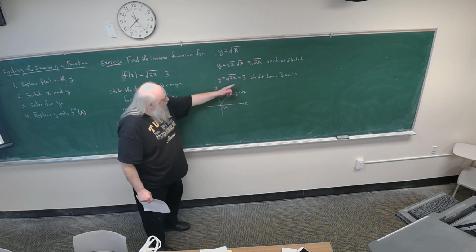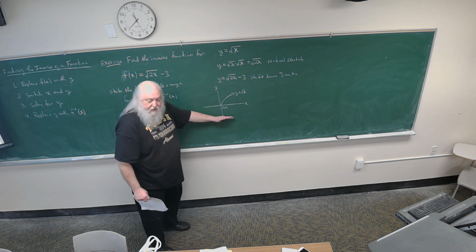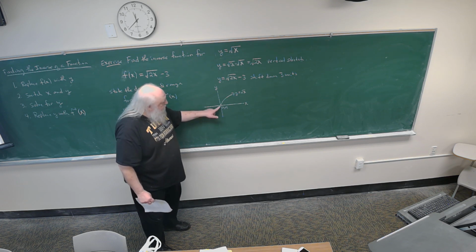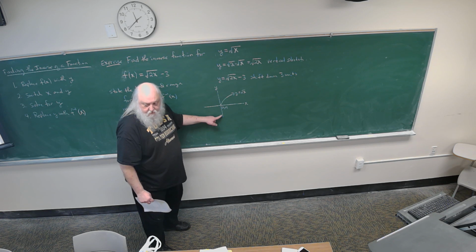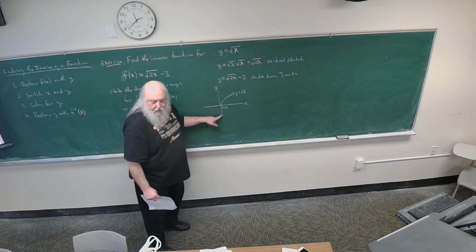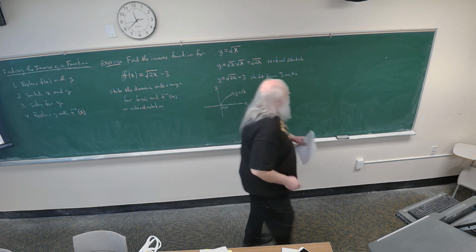But then when I subtract 3, it shifts the graph down 3 units, right? And so instead of starting here at y equals 0, the graph is going to start where? When I shift the entire graph down 3 units. 0, 3. It's 0 minus 3, right? Y equals minus 3.